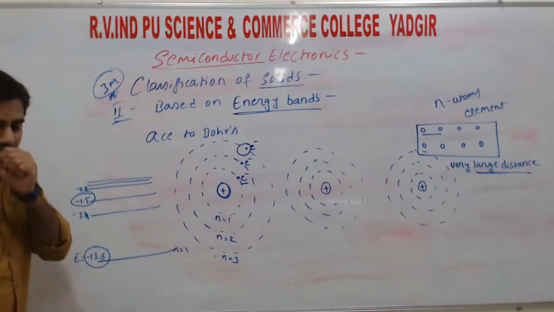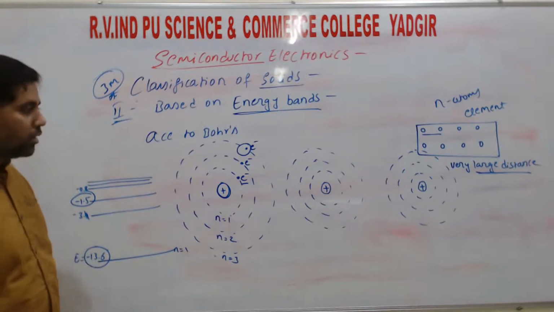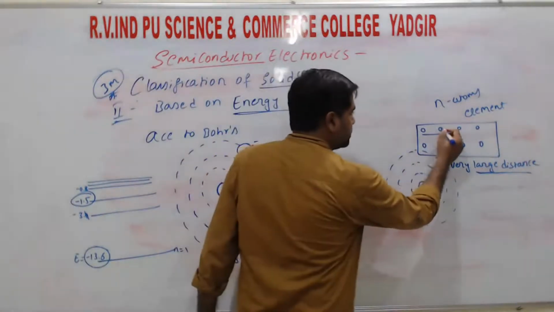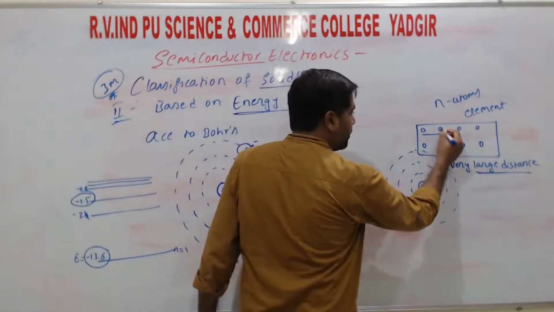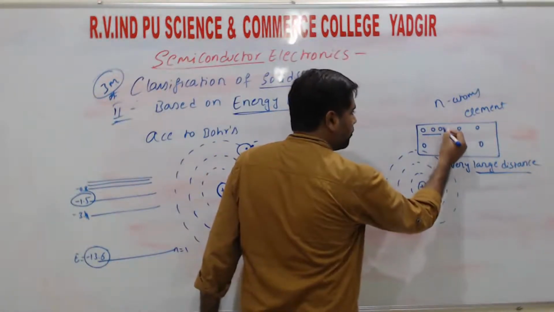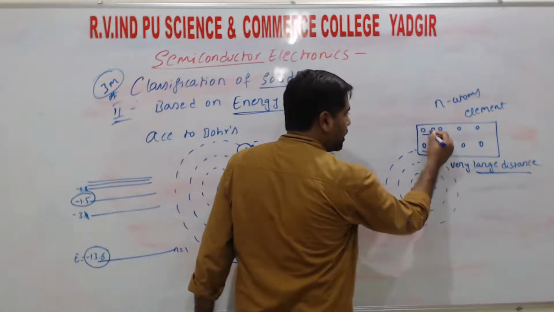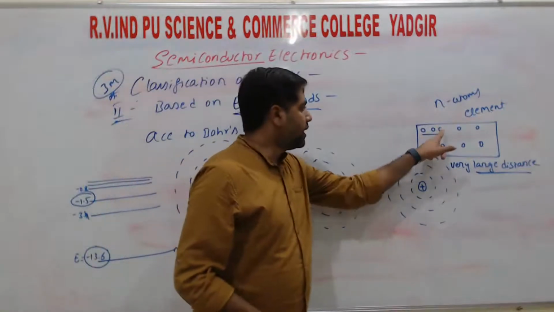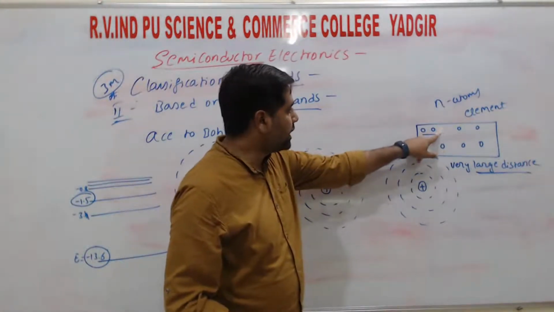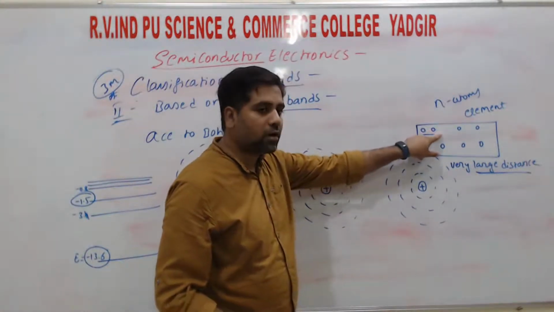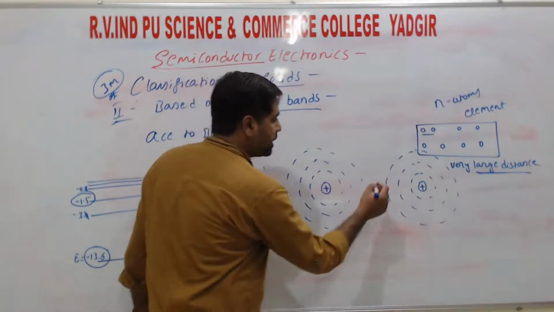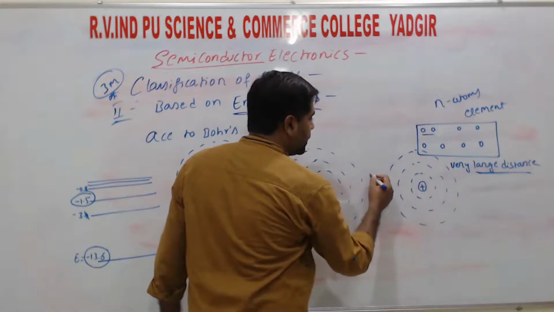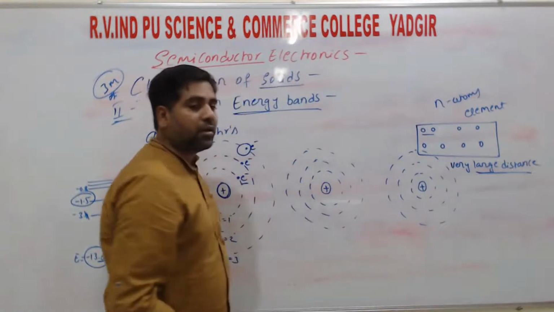Now, in the element, if we place this second atom nearer to the first atom, then what happens? The energy levels, that is the electrons which are revolving in the second atom, are made to interact with the first atom.